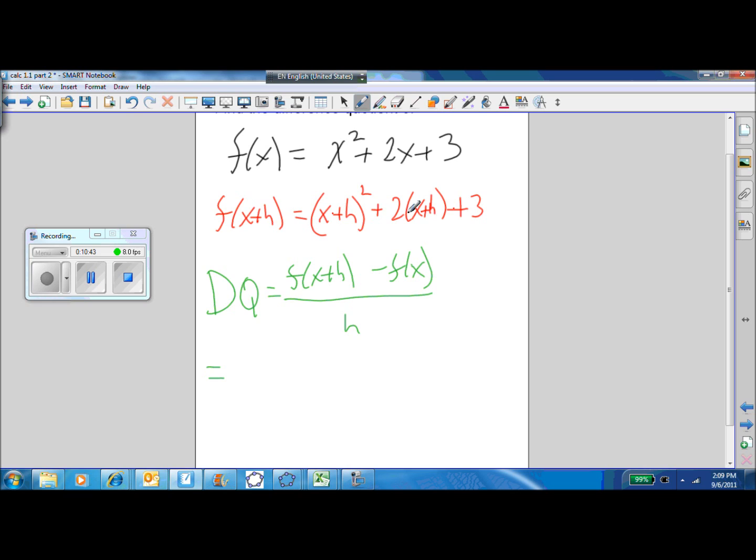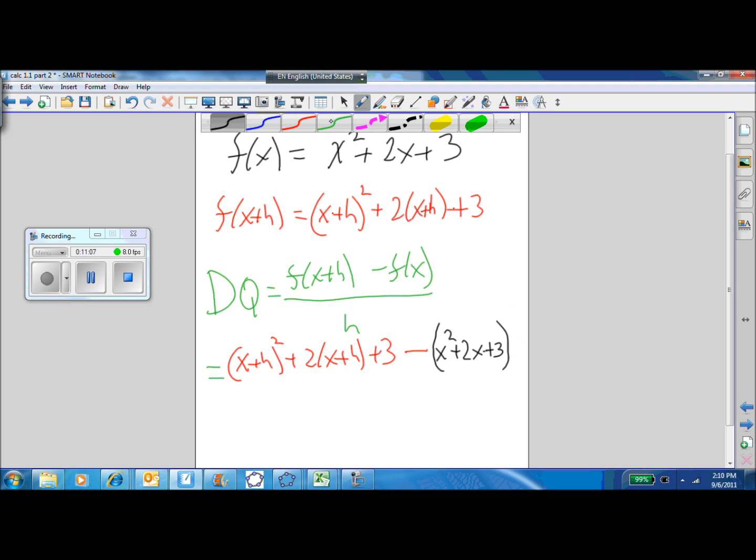F of x plus h, like we saw up here in red, was x plus h squared plus 2 times x plus h plus 3. Now we subtract off f of x, which we see up here in black, is x squared plus 2x plus 3. Now make sure you get the parentheses though. And this will be all over h. Okay?